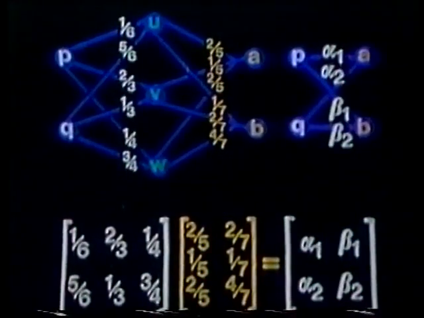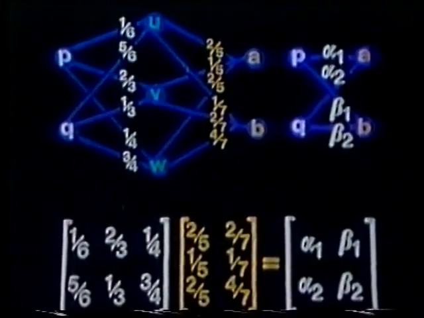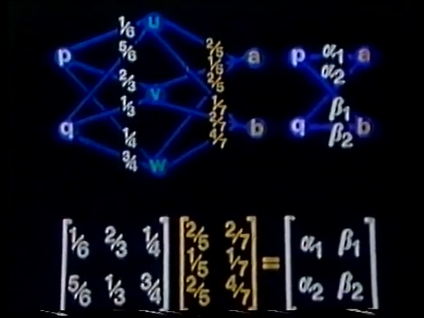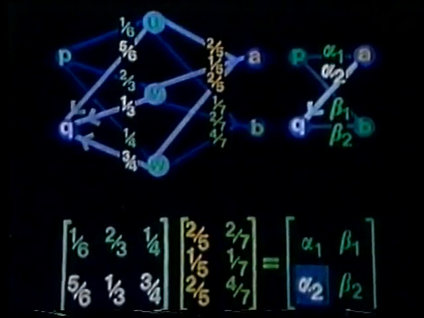That deals with the first output, P. And the proportions flowing into the second output, Q, the proportions alpha 2 and beta 2, are also obtained by acting with a row on a column. Alpha 2 is the result of the second row acting on the first column.